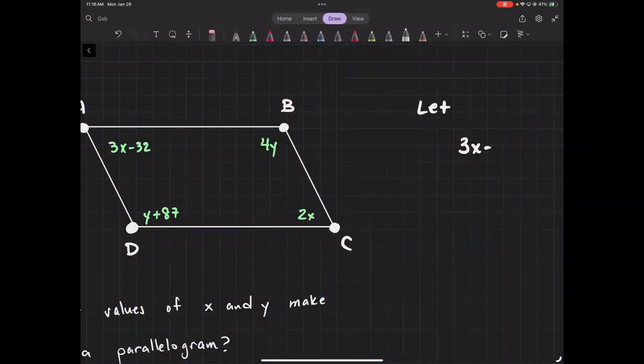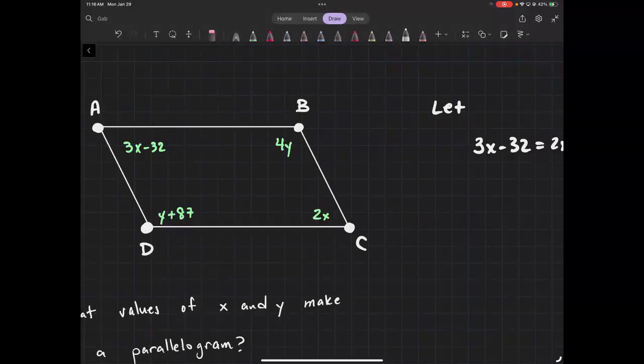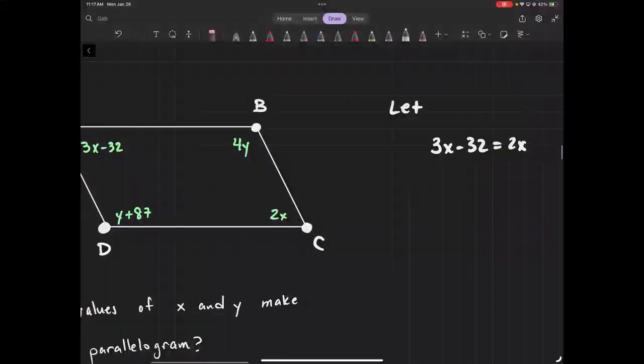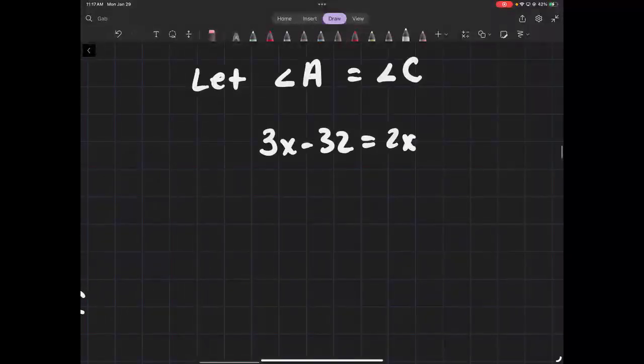It was 3x minus 32 equals 2x, right? Yeah. Okay, now tell me what angle those are. A and C. Okay, so you gotta write angle A is equal to angle C first. Alright, and then you go and solve for it, right?